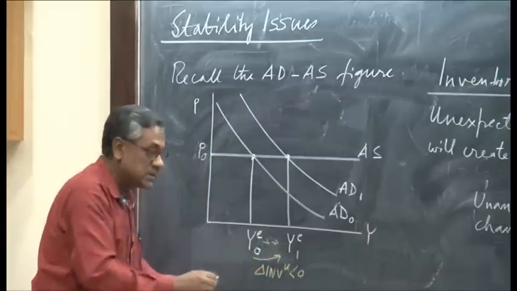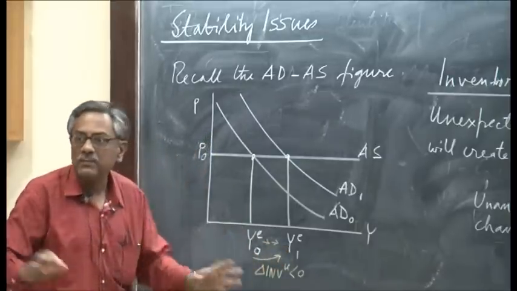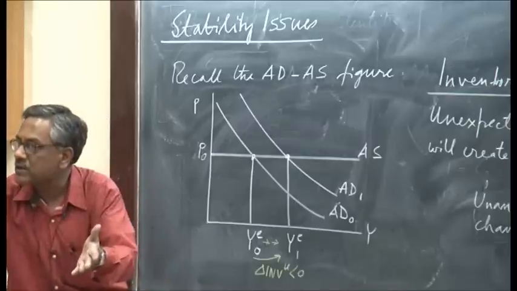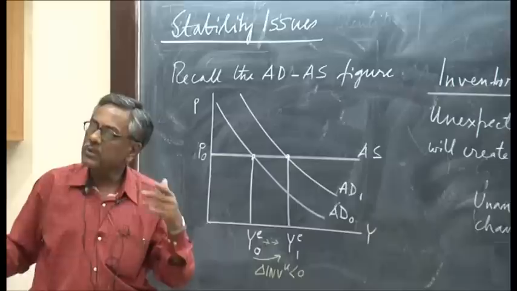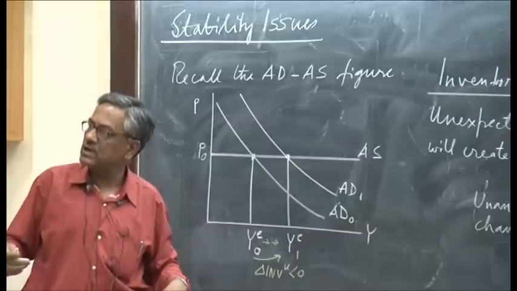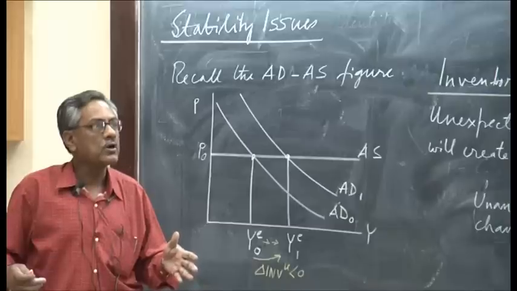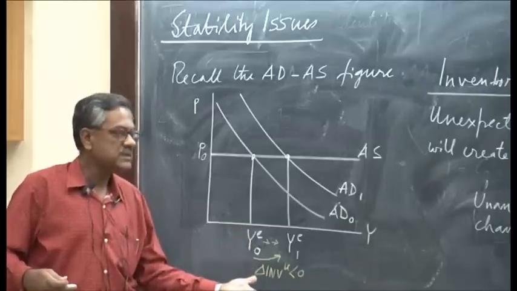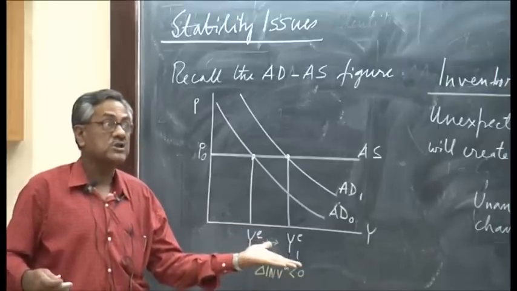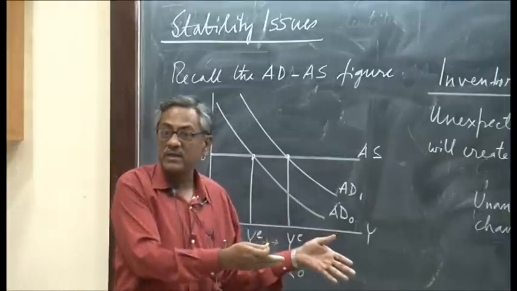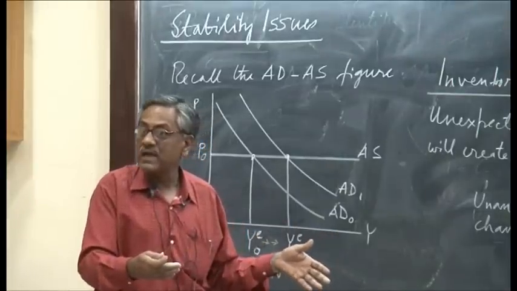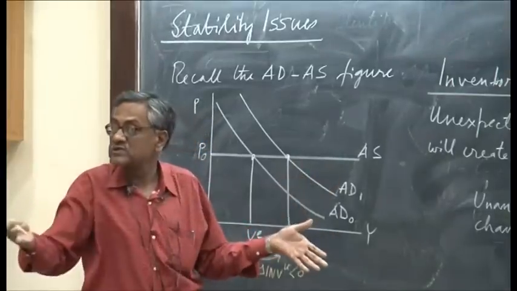Similarly, if demand falls, companies cannot sell what they take to the market. So they come back without selling all that. Where will it go? It goes into the inventory. The unexpected change in inventory is now positive because the inventory stock I had in the morning, by the time evening came, is bigger because I cannot sell it.